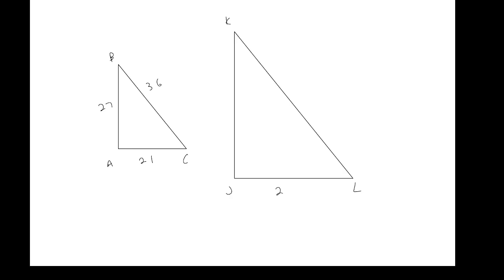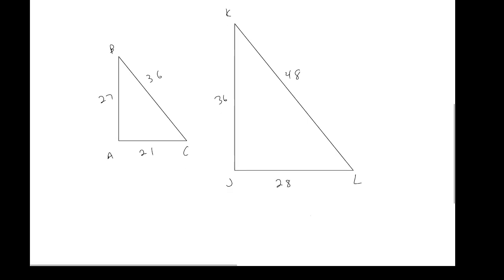And then we have 28, 36, and 48. Okay? So here's what this means. What we have here are similar polygons in that we have ABC, and we have this single squiggle. It's not like congruence where we have the single squiggle over the equal sign. It's a single squiggle: ABC is similar to JKL.